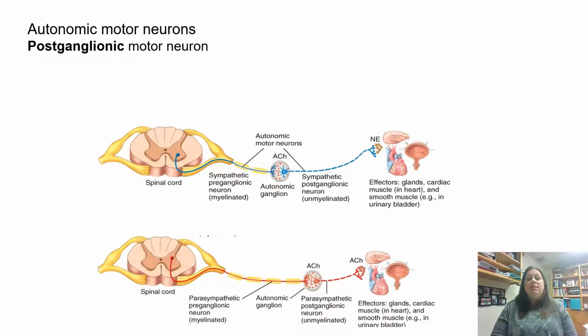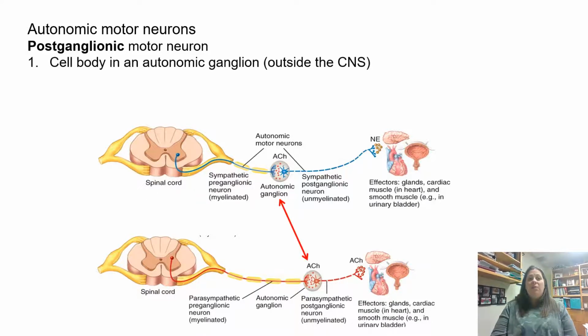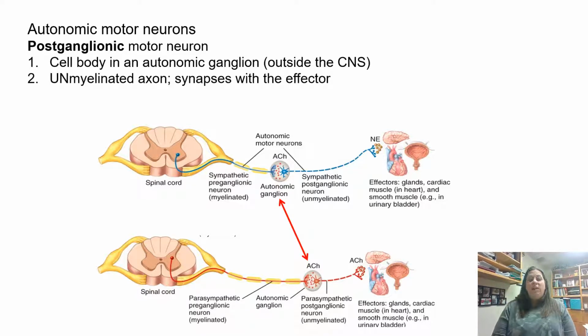Now, since there is a second motor neuron, this is known as the postganglionic motor neuron. The postganglionic motor neuron's cell body is going to be in the autonomic ganglion, which is outside of the central nervous system. Now remember, a ganglia or ganglion is in the peripheral nervous system. These are going to have an unmyelinated axon. So the synapse is going to be with some sort of effector.